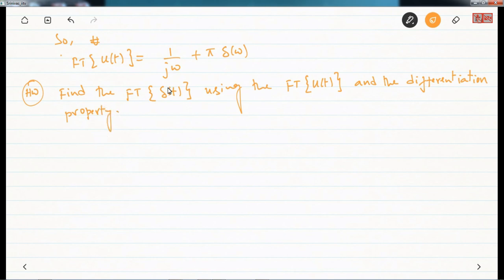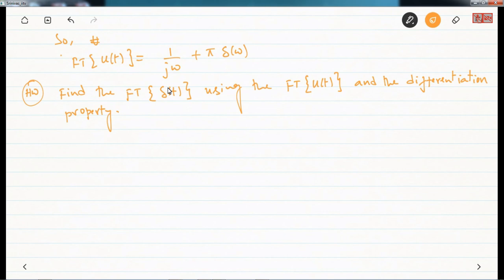I'm just asking you to do the reverse. There we used the Fourier transform of delta of t to find the Fourier transform of u of t, and in that process we used the integration property. Here I am asking you to find the Fourier transform of delta of t using the Fourier transform of u of t, and in this process you have to use the differentiation property. Right?